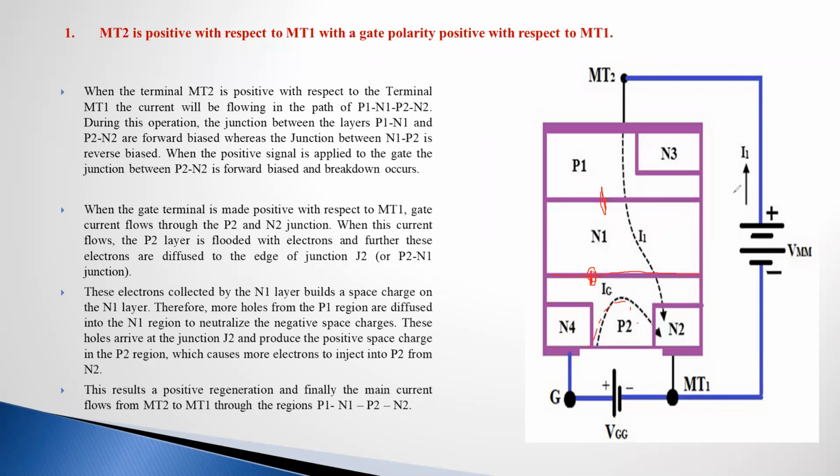Positive supply MT2, next P1, N1, P2, N2 and the negative terminal of the supply. Clear? The triac will be turned on in this way.